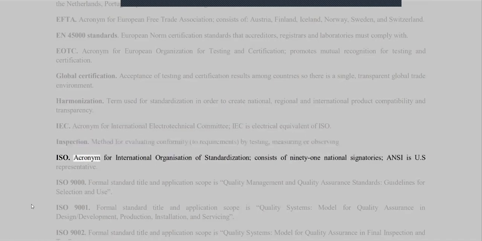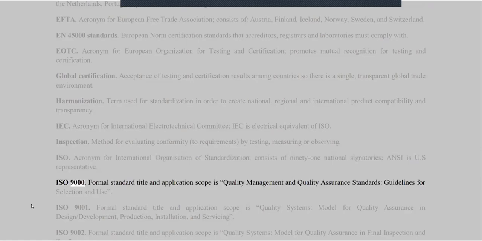ISO. Acronym for International Organization for Standardization, consists of 91 national signatories. ANSI is the U.S. representative. ISO 9000. Formal standard title and application scope is Quality Management and Quality Assurance Standards, Guidelines for Selection and Use.